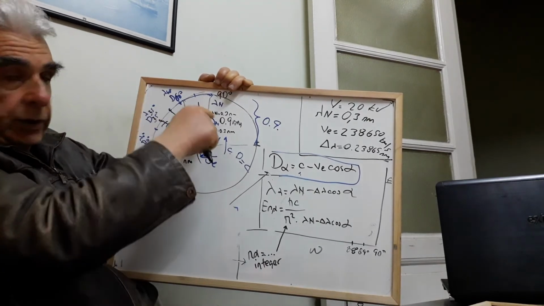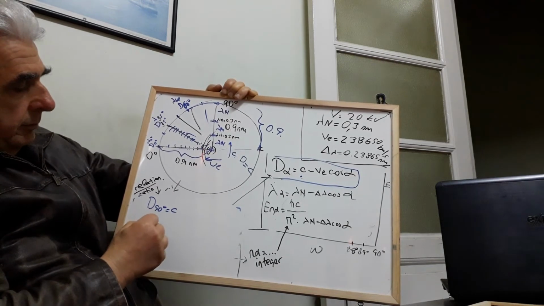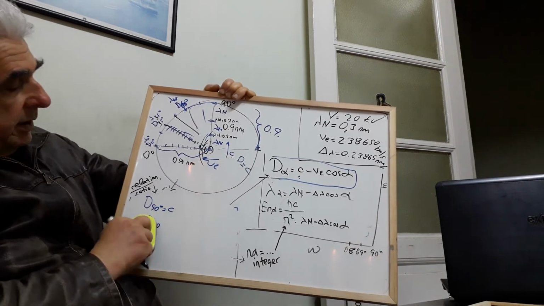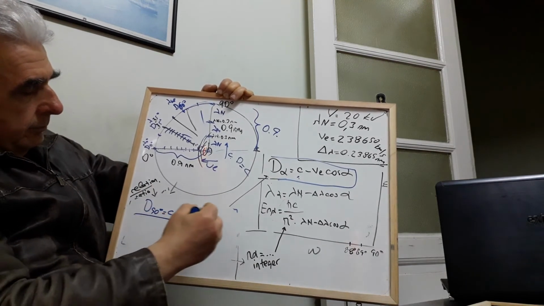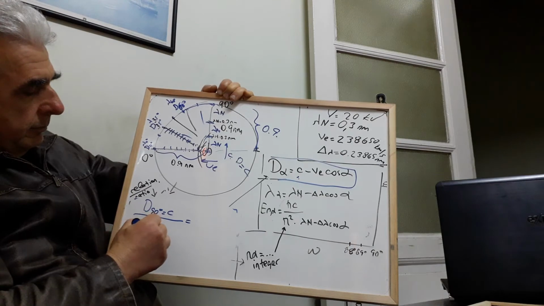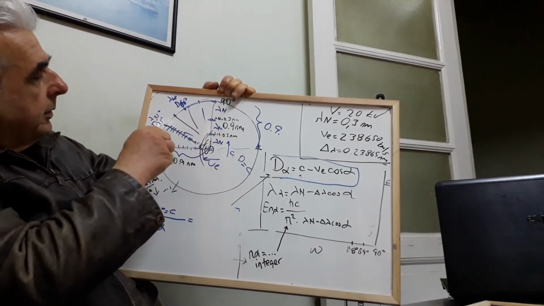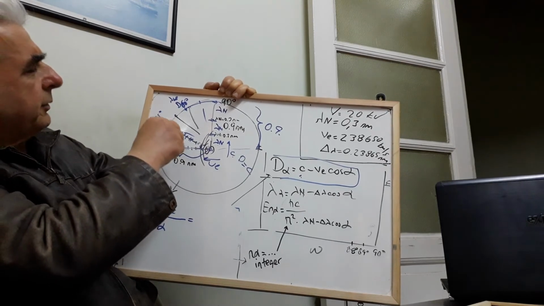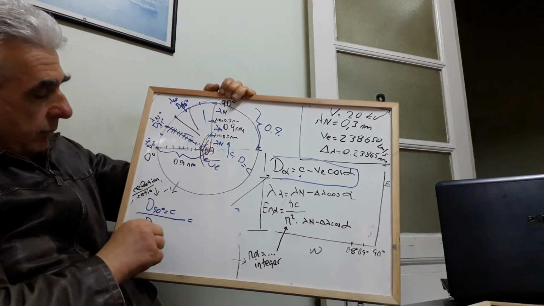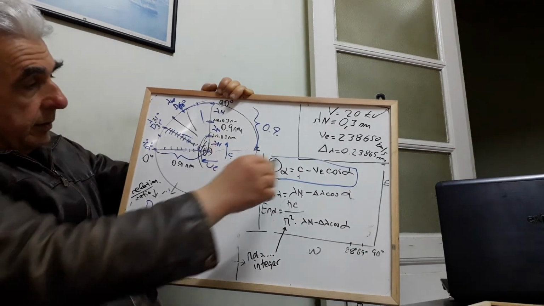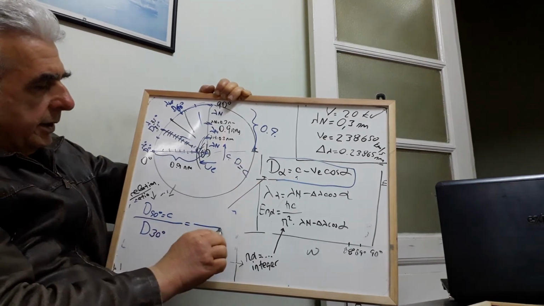If it does so at, say, 35 degree, d alpha, d 35 degree, we will find easily.